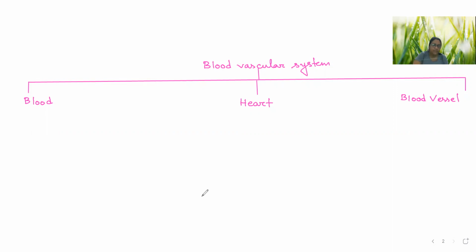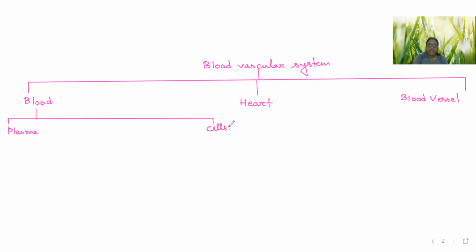Okay, so blood can be further subdivided into 2 components. One is the liquid part, which is known as plasma, and the other is the cells of blood. These blood cells are present in the plasma, carried by the plasma.